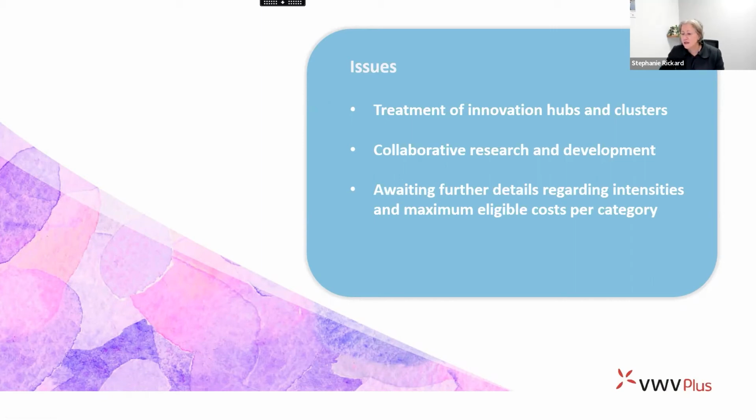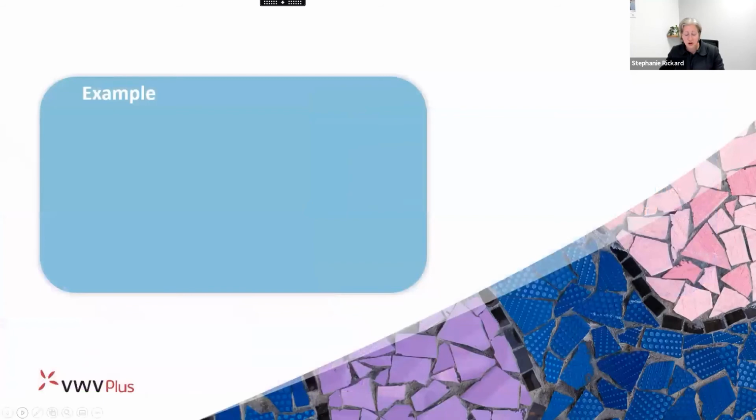In the next slide, I'm going to try and give you an example of how the Streamline system will work. So, in my case example, I've got a university who wants to set up a new facility to carry out research into improving digital processes in a particular sector.